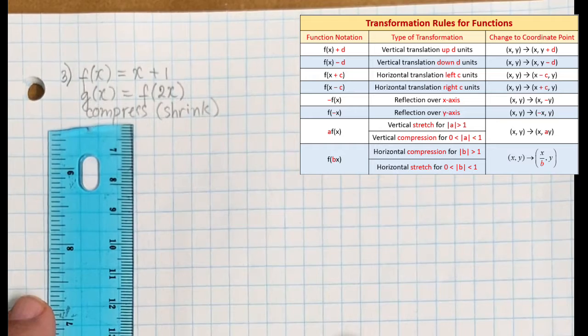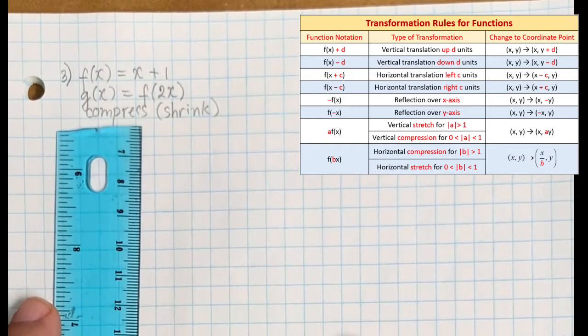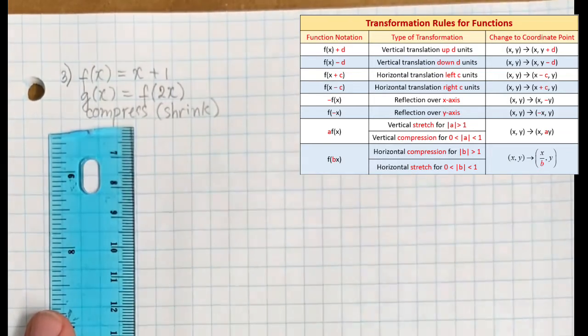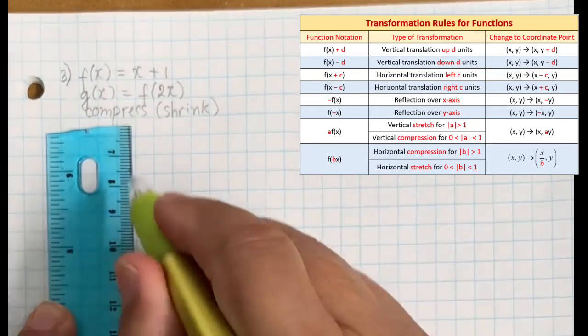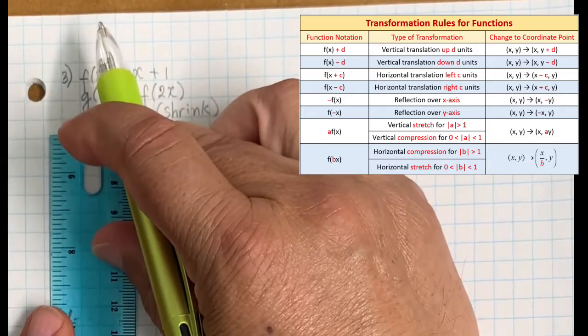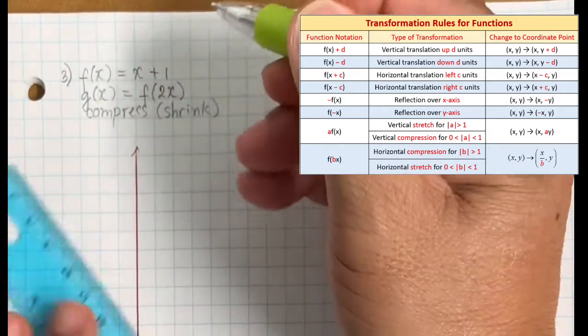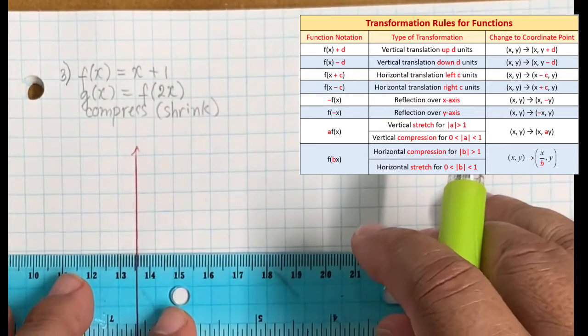Again, we need to graph the f of x first. Let's do that first. Let's draw the x and y axis first. So here's my y axis. Ooh, that's a little long there. I don't need that long.